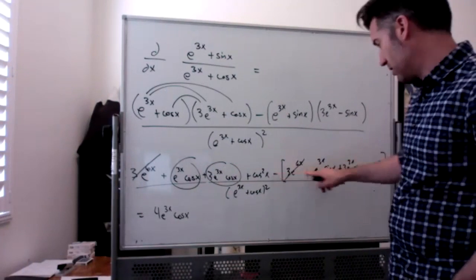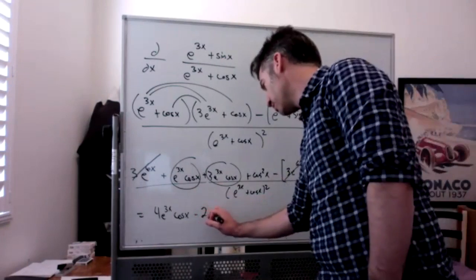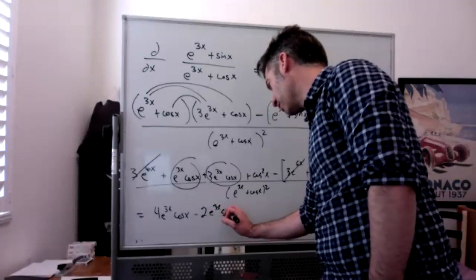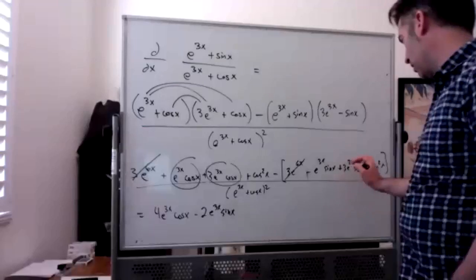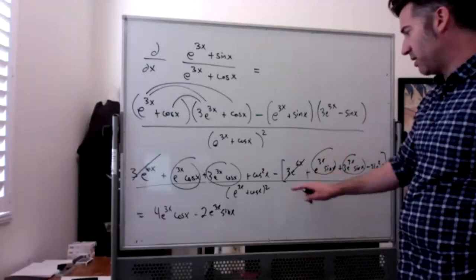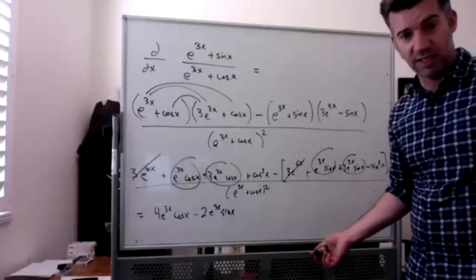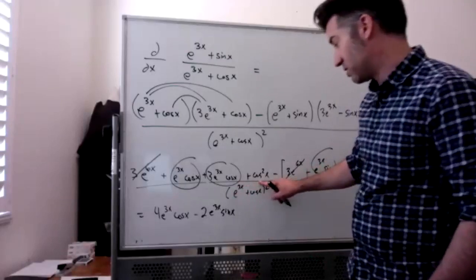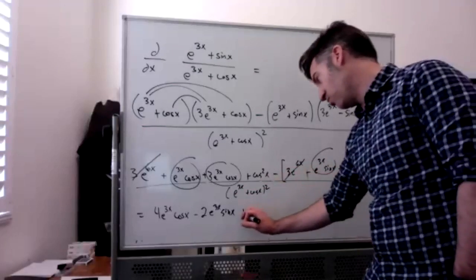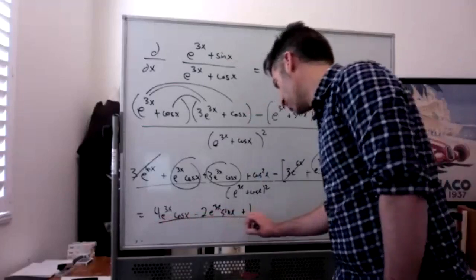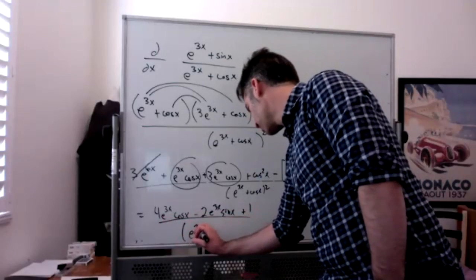Wait, so it's minus 2e to the 3x sine of x, taking care of that and that. And then finally, a minus sine squared is a plus sine squared. So I've got a cosine squared plus sine squared, which is equal to 1, all over the same denominator.